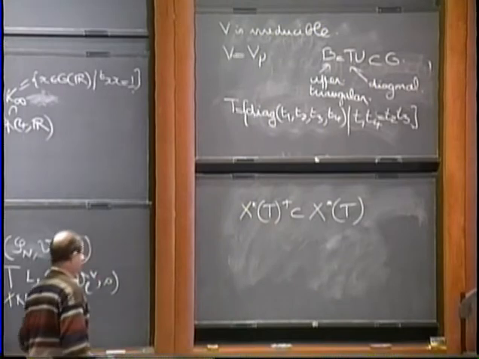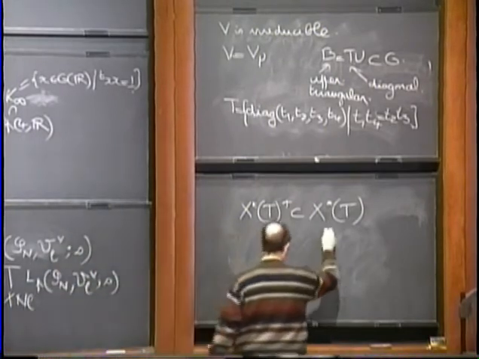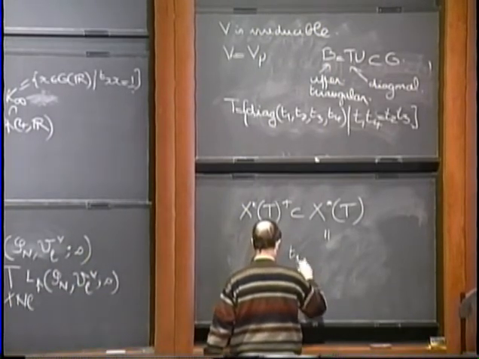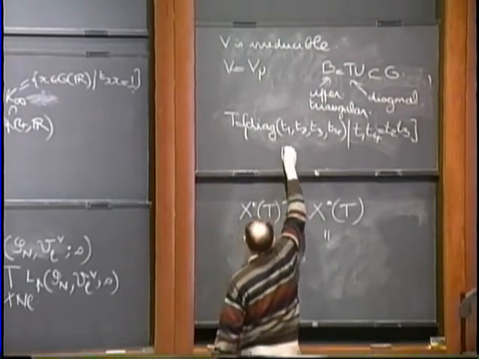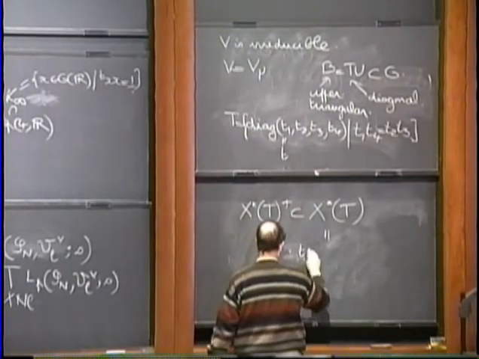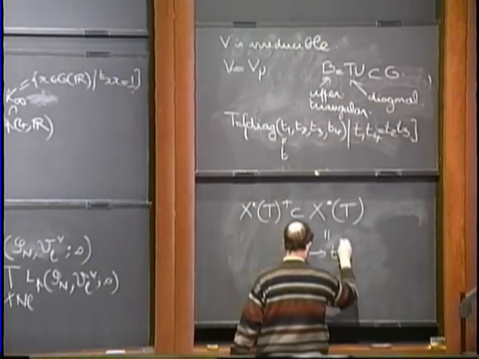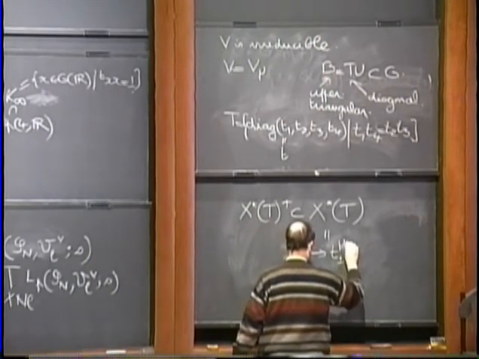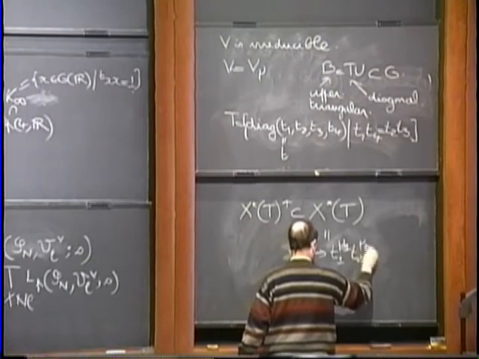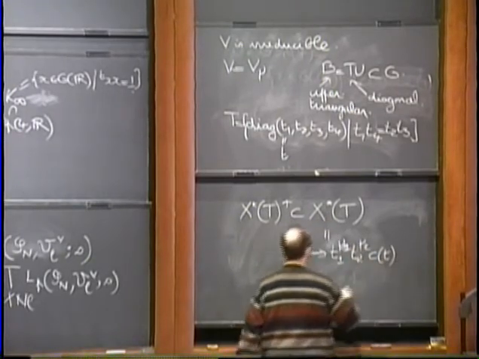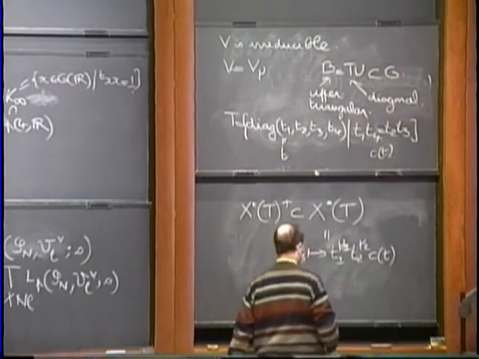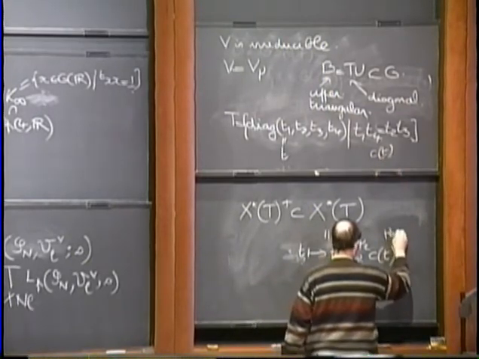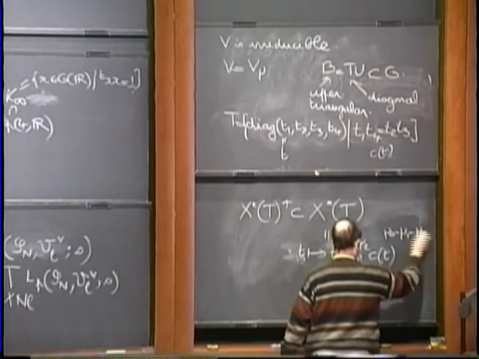And this set of characters can be identified to, so I take a T like this, and I map T to T1 mu 0, mu 1, T2 mu 2, CT, where CT is this product. So this is the normalization that Taylor was using.